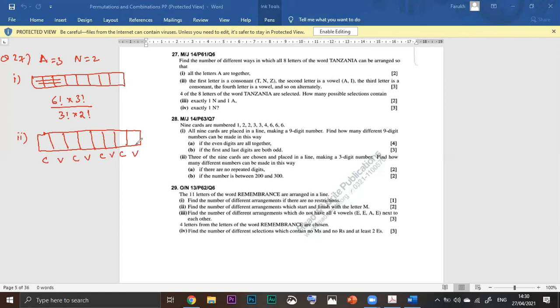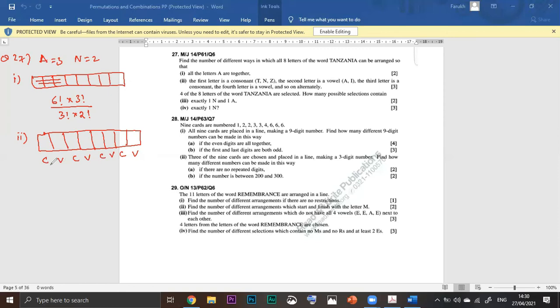How many consonants and how many vowels are there? 4 consonants and 4 vowels. Yes. 1 I and 3 A.